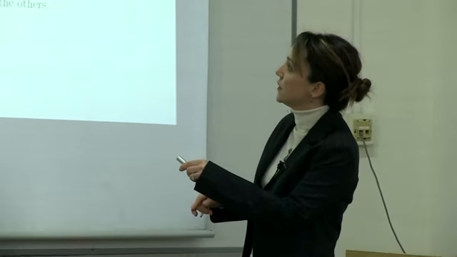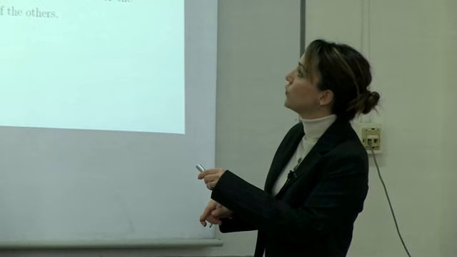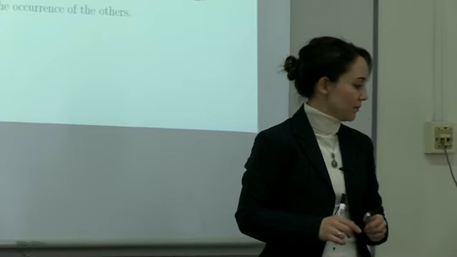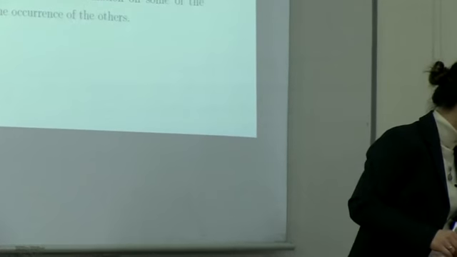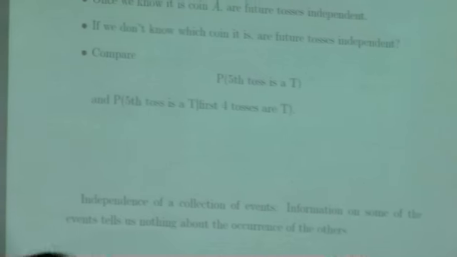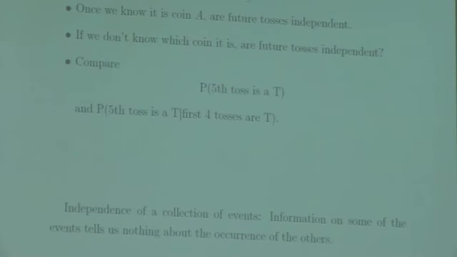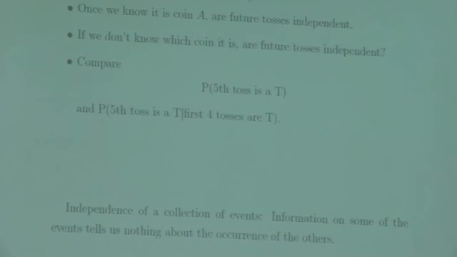Let's compute the probability that the fifth toss is tails, given that the first 4 tosses all resulted in tails. What do you think? First of all, before attempting the problem, what would you think the answer is? Approximately.